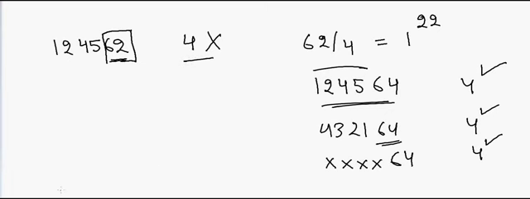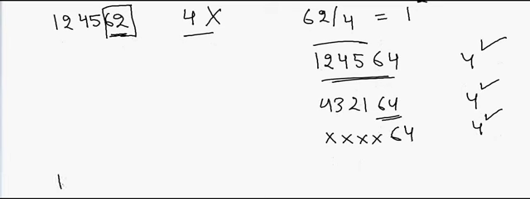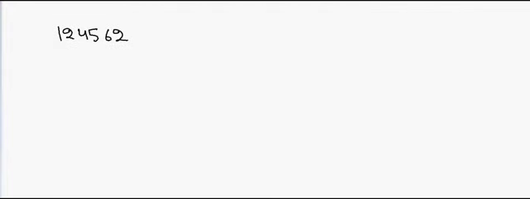Now let's write the number again: 1 2 4 5 6 2. Is this number divisible by 5? No, because to be divisible by 5, the last digit should be either 5 or 0.